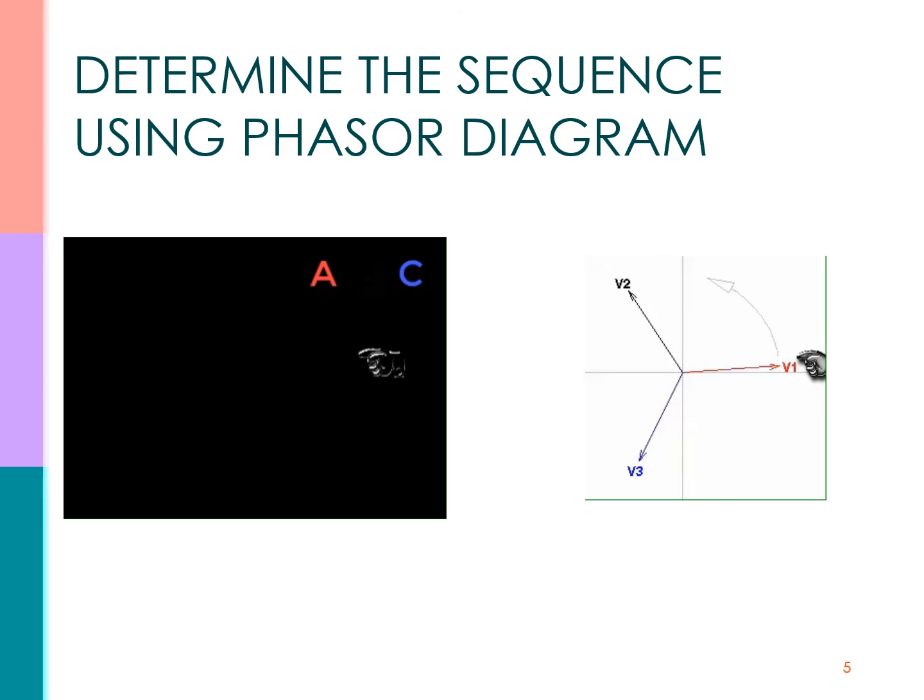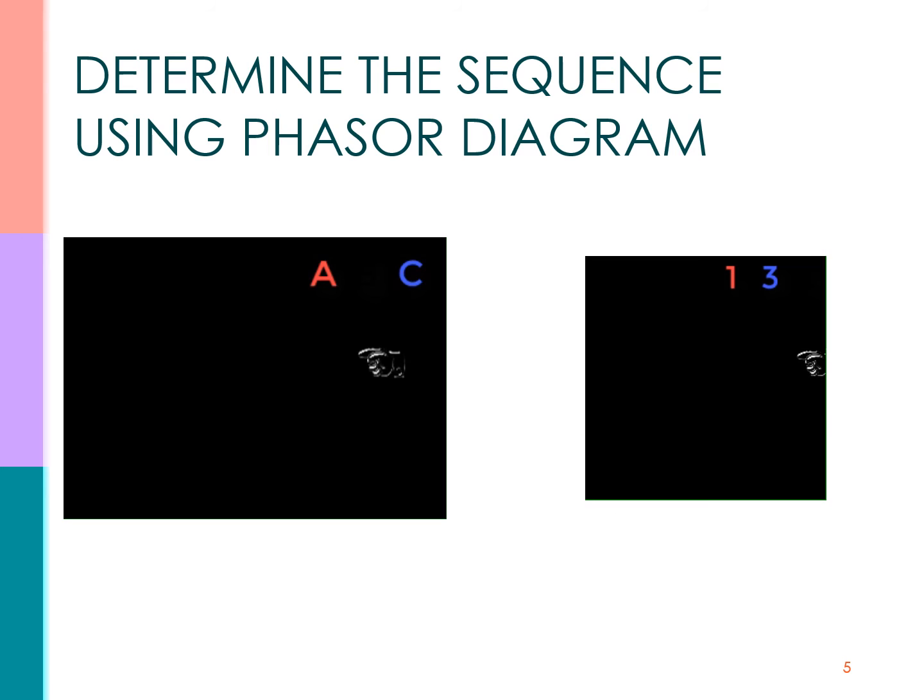While in this figure, you see 1, 2, 3, so it rotates as a 1, 3, 2 sequence. So this is a negative sequence. You can convert 1, 2, 3 to A, B, C: 1 is A, 3 is C, and 2 is B.